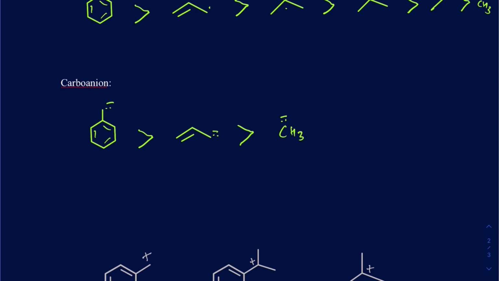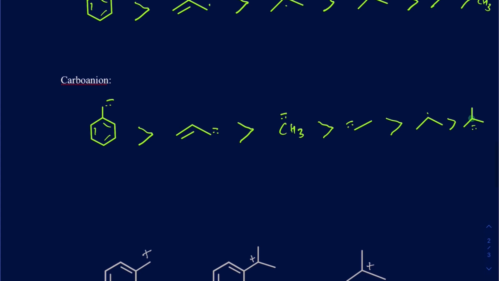So methyl is going to be more stable, followed by your primary carbanion, followed by your secondary carbanion, and then your tertiary carbanion is going to be the least stable in this case, because it's got the most electron donating groups on it, and they're going to be donating electrons to the carbon that's already electron rich. So you don't want to be doing that. So that's why that's going to be the least stable in that particular case.